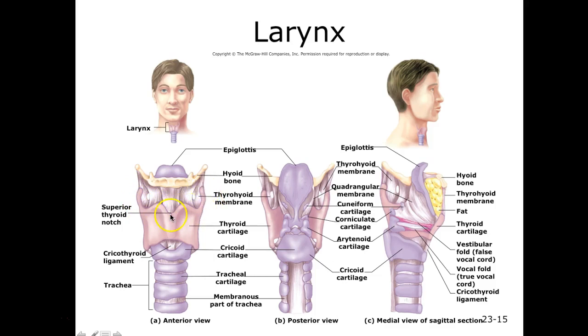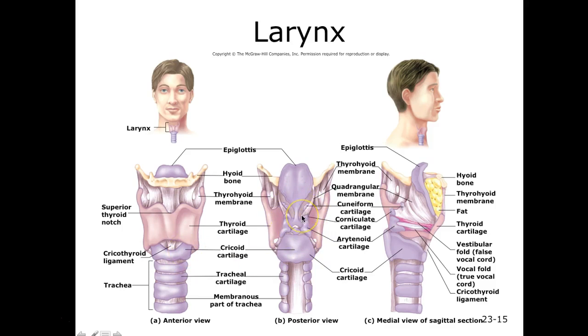This is the largest piece of cartilage that we're going to find within the larynx, and that's our thyroid cartilage. Another piece right below it is called the cricoid cartilage. Posteriorly, we'll also find other little pieces of cartilage.